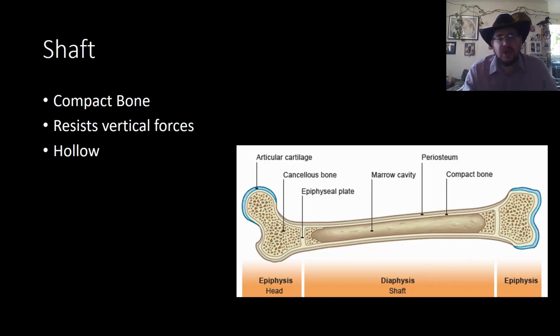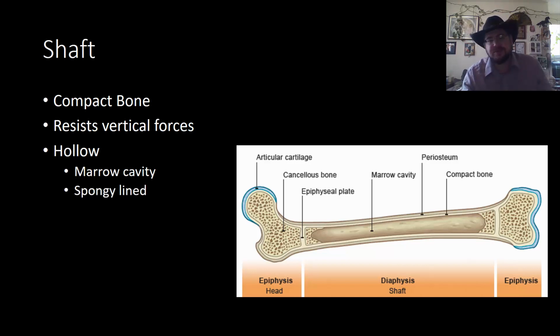As I said, long bones are hollow because they have that marrow cavity. The marrow cavity is lined by a little bit of spongy bone. Marrow can actually be separated into two basic types, red marrow and yellow marrow. So red marrow is bone marrow that actively produces red blood cells.